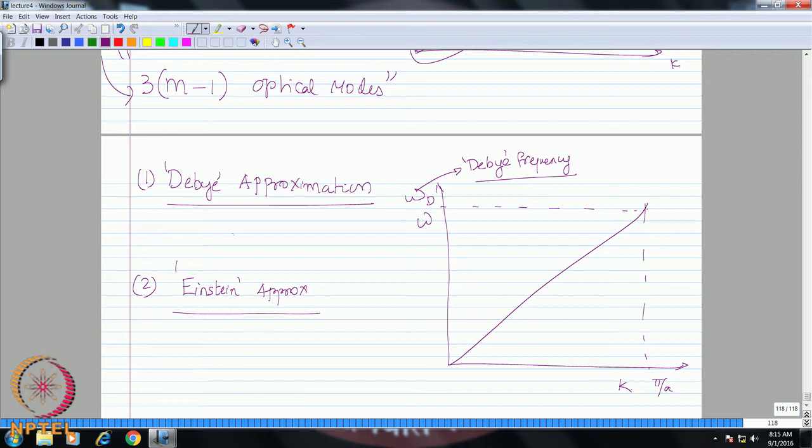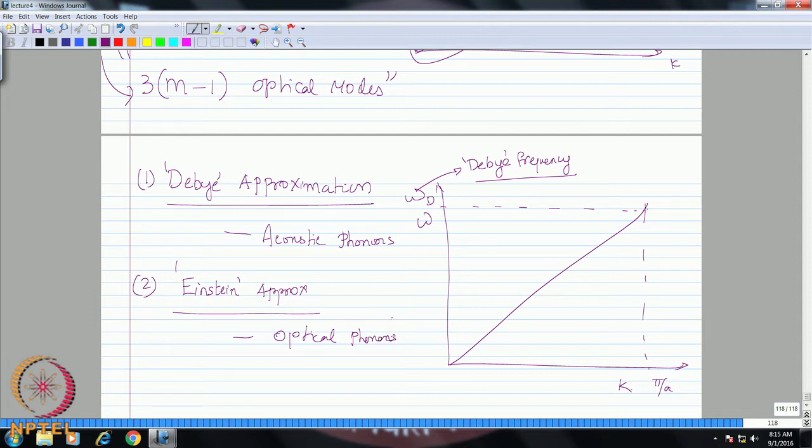Therefore, we use the Debye approximation to make a linear approximation for the acoustic phonons, and the Einstein approximation for the optical phonons.